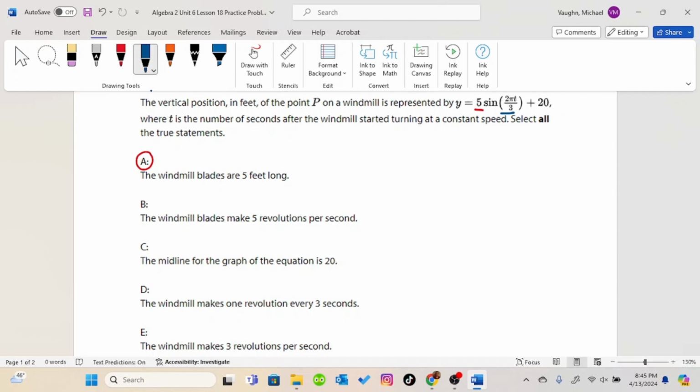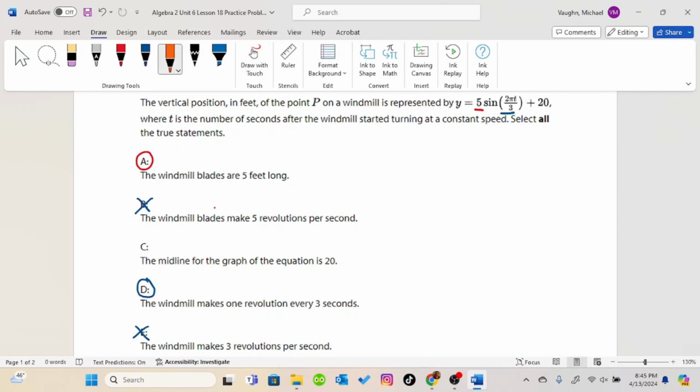So that means B is incorrect. D is correct. The windmill makes 1 revolution every 3 seconds. E is wrong. It's not making 3 revolutions per second. It's making 1 revolution per 3 seconds.